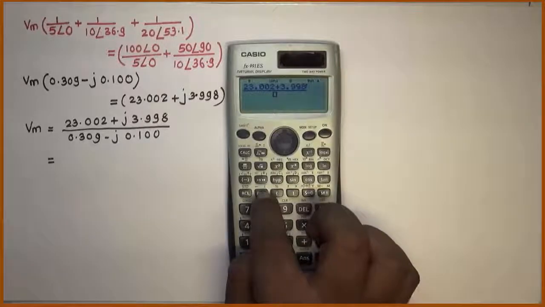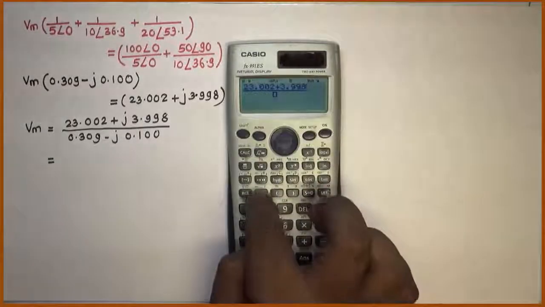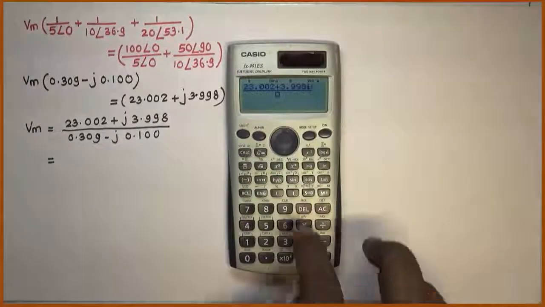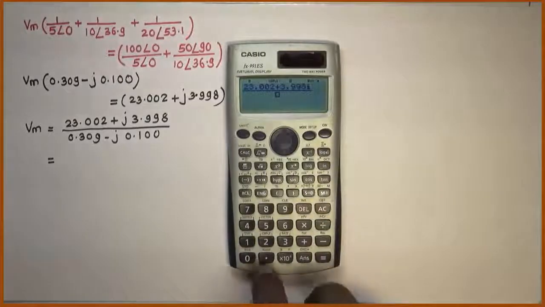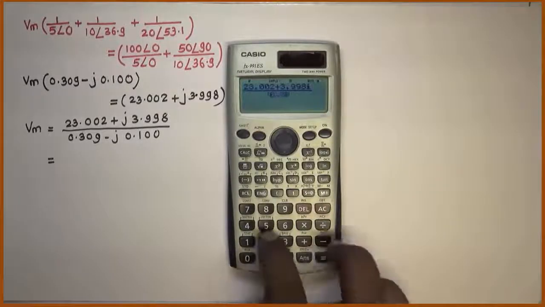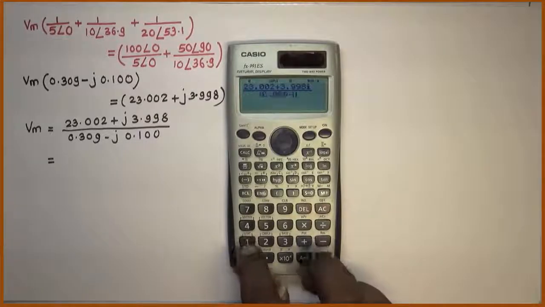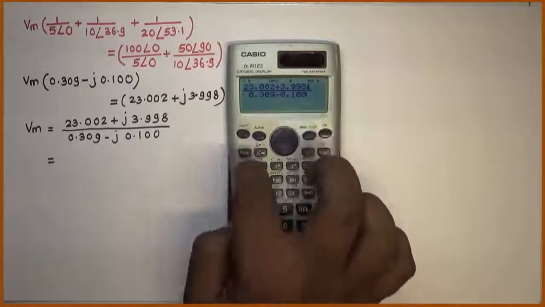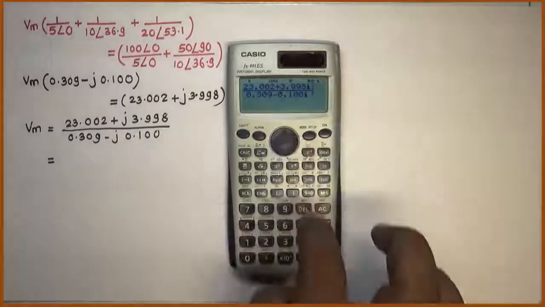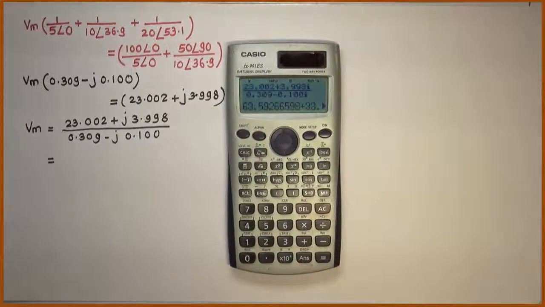I is here, so it is shift I appears here, divided by 0.309 minus 0.100 I, equal to.